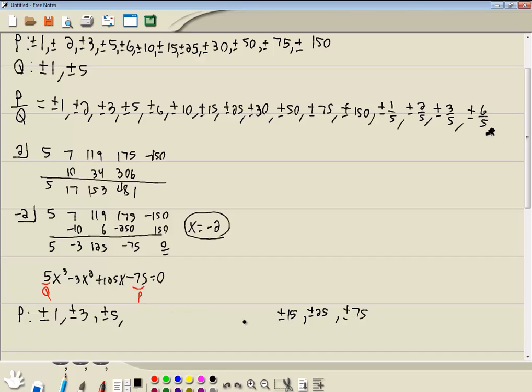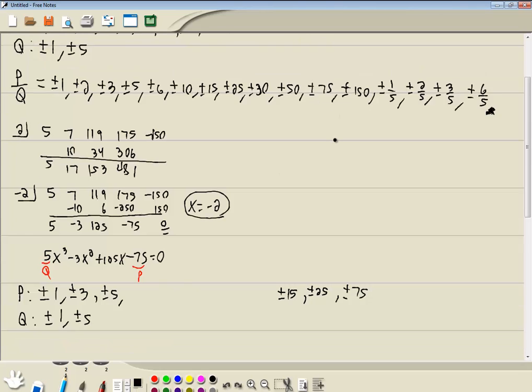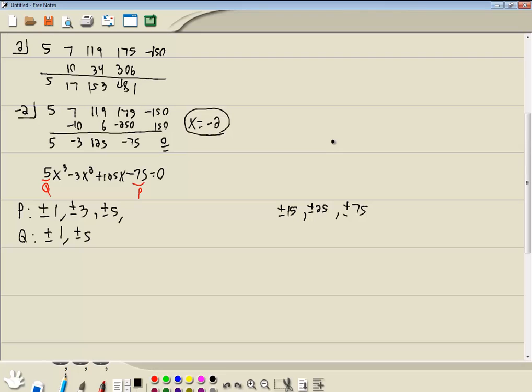I'm not seeing anything else, so I think that's it for p. And then q is still 1 times 5. And I see it does look like some of my items have been reduced. So it does benefit us, I guess, to rewrite that.